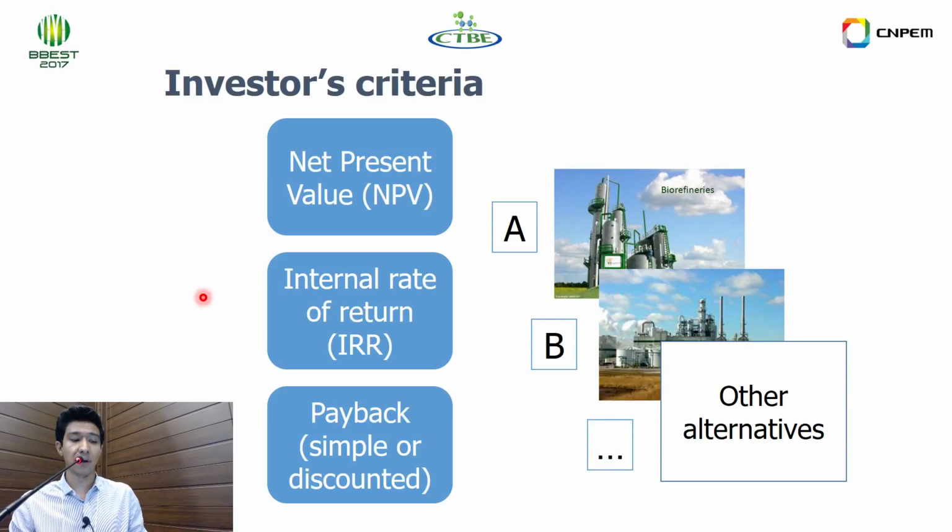A second parameter of comparison is the internal rate of return. It comes from the same cash flow, but the metric is a little bit different. It says, in a percentage per year, what is the rate I can earn in terms of monetary gains. For example, let's say we have a project with a 20% per year rate of return.